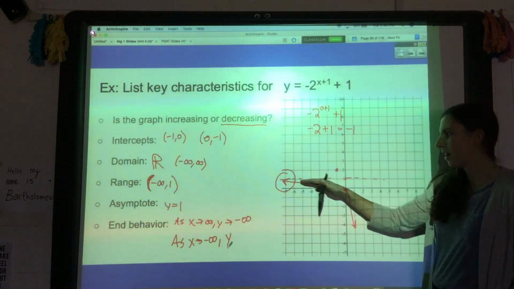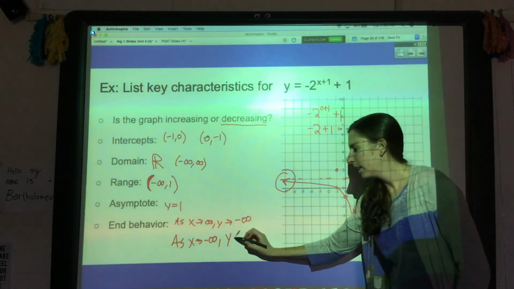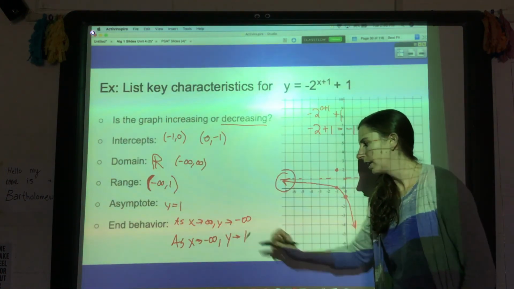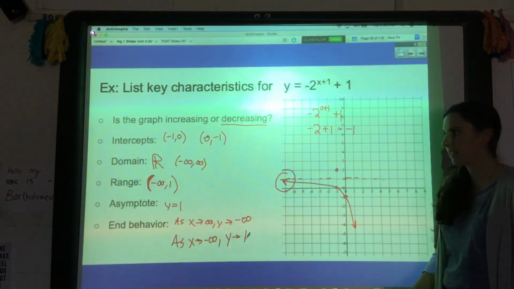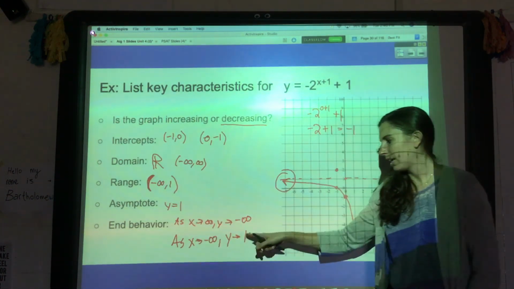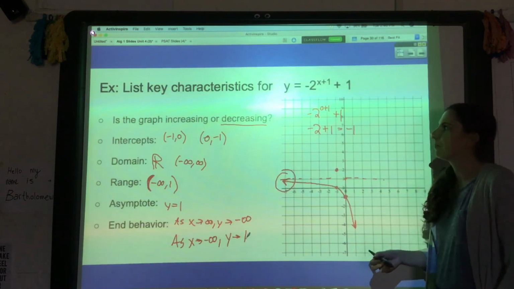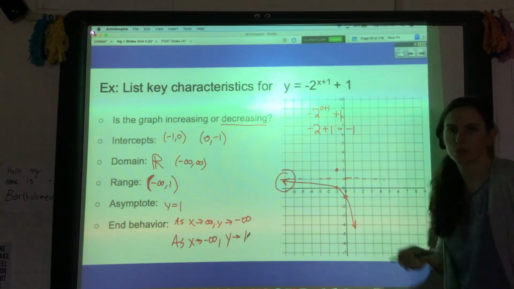It's steadying out right there at the asymptote of 1. So y is approaching the value 1. Again, you're going to notice that the range, the asymptote, and the end behavior all kind of hit right there at the asymptote, basically. All right, and that is it for this video.